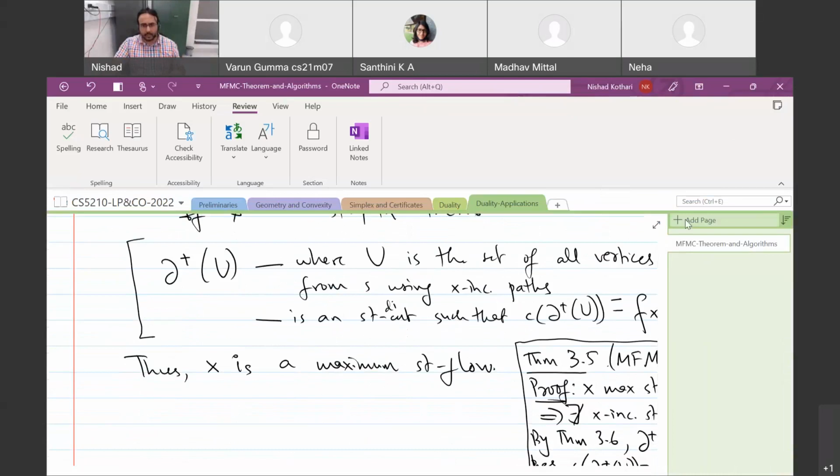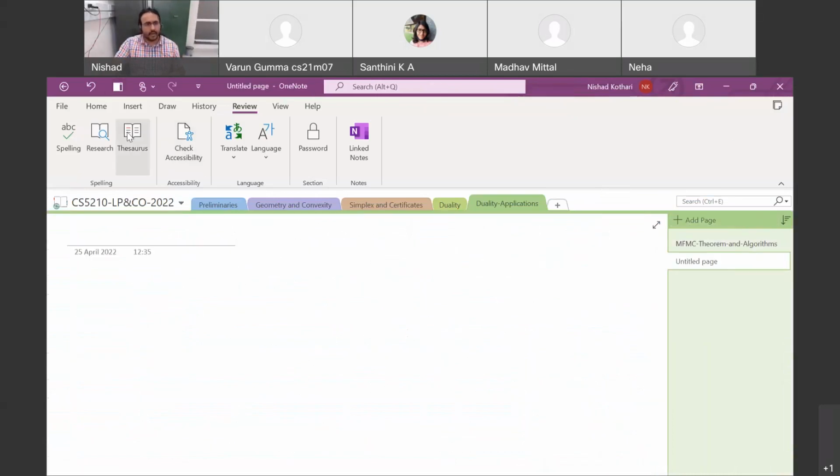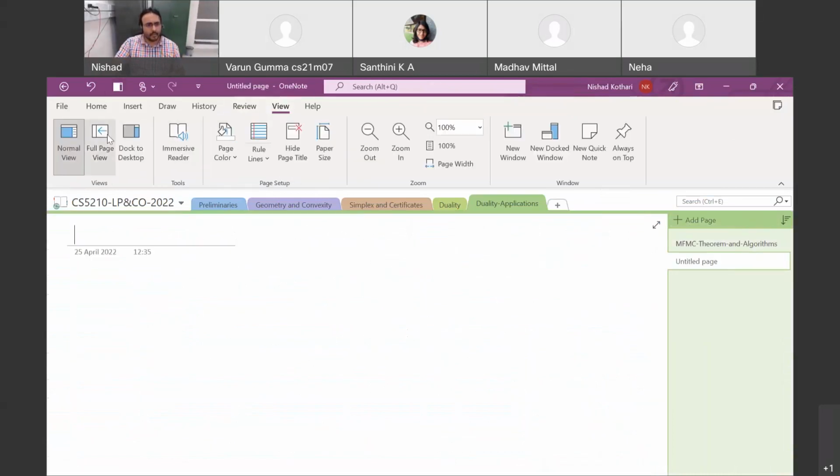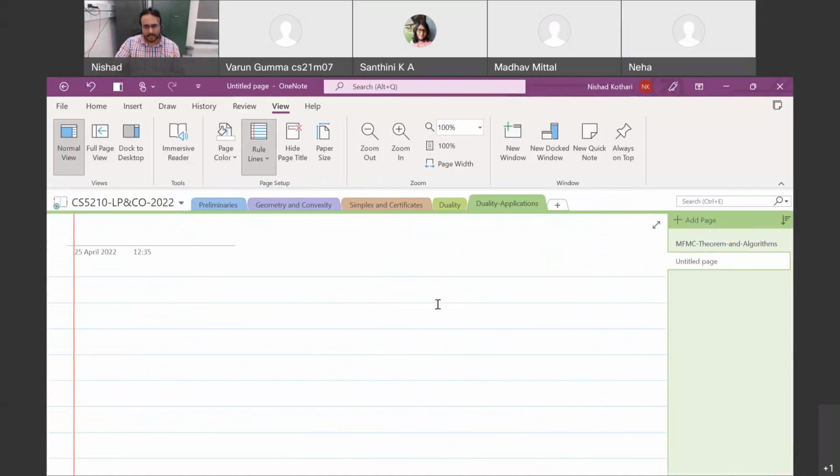So let's start a new page. Max flow min cut theorem via LP duality.